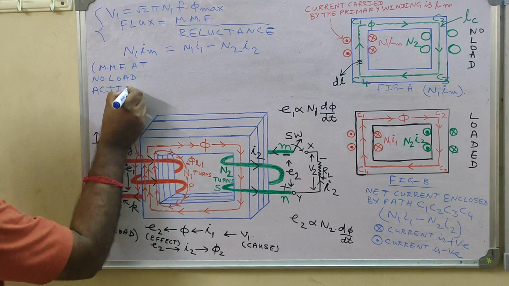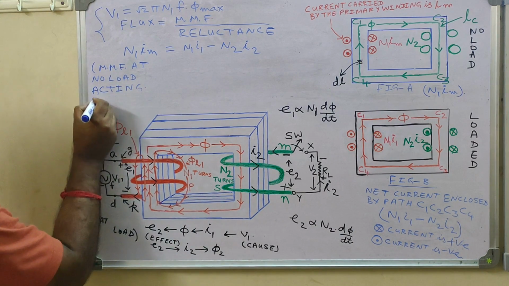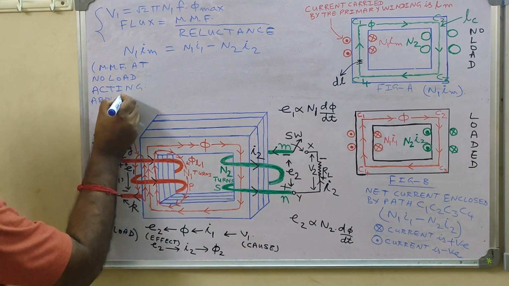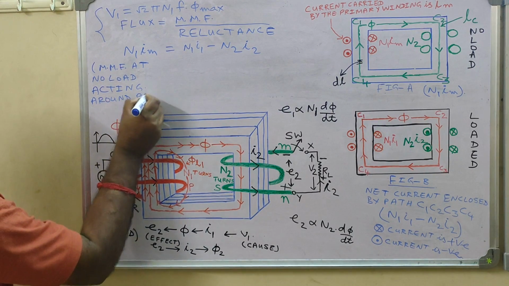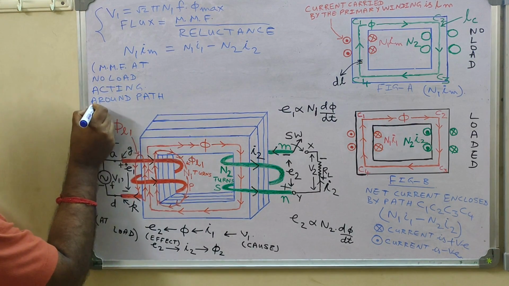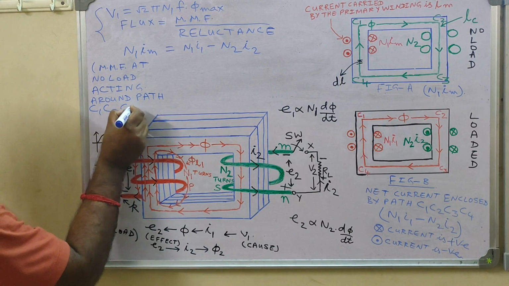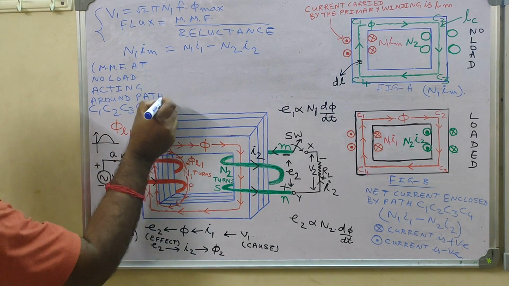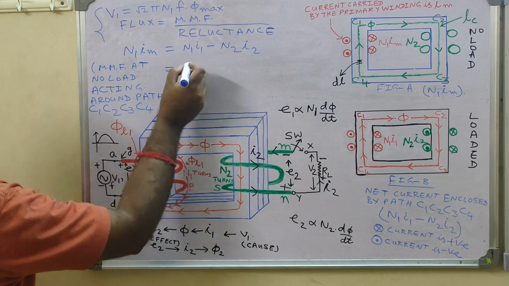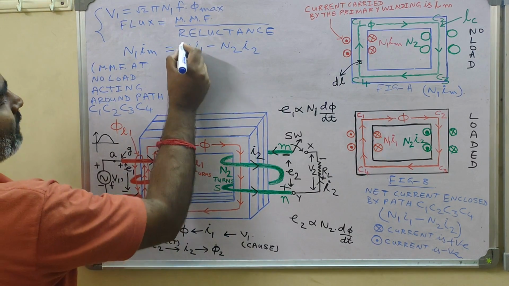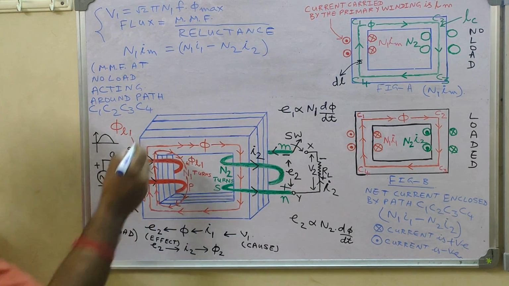Let me write the path. Which path are we talking about? C1, C2, C3, C4. Okay. What else? This is also the MMF, N1 I1 minus N2 I2.